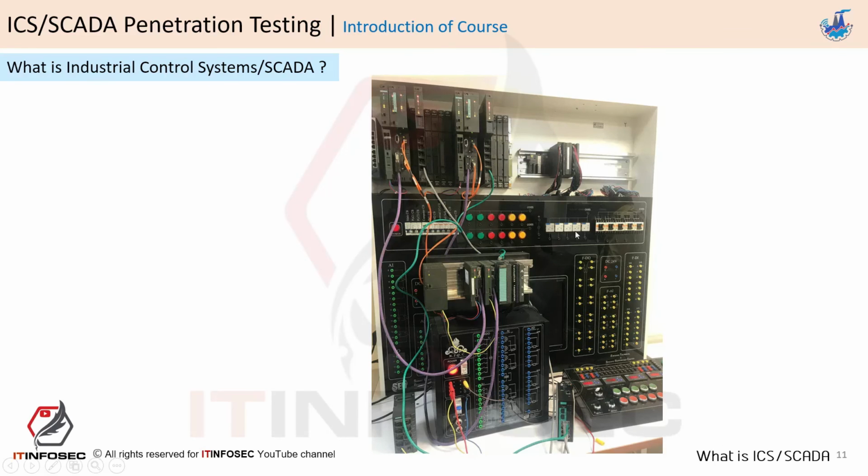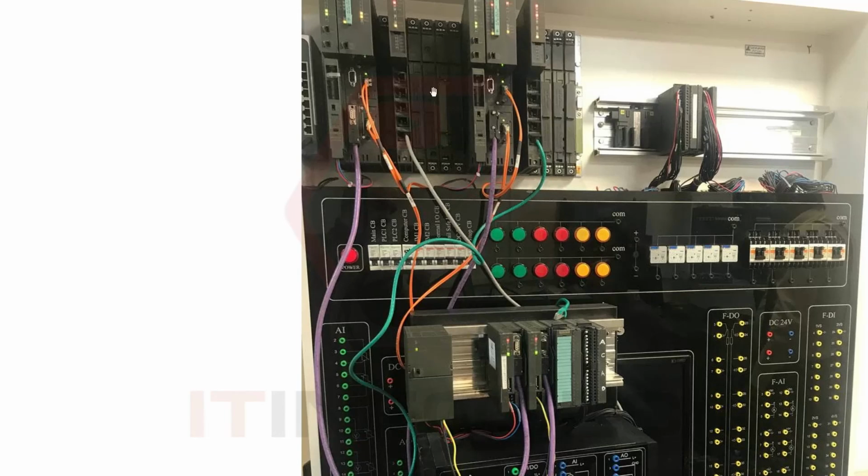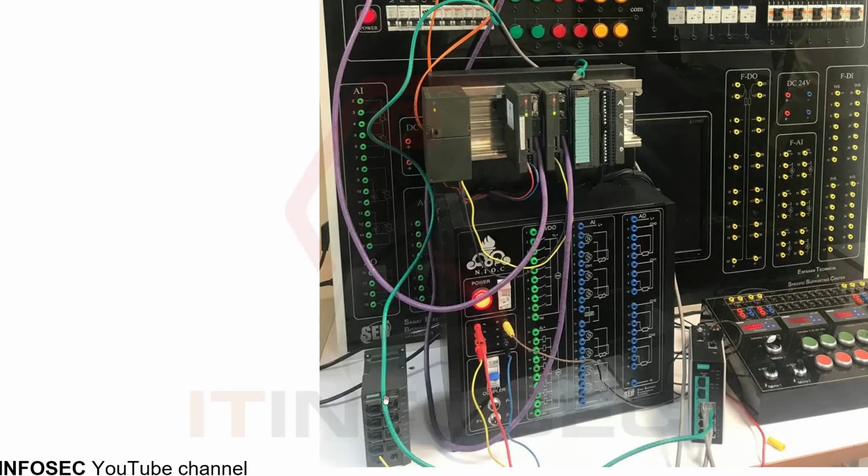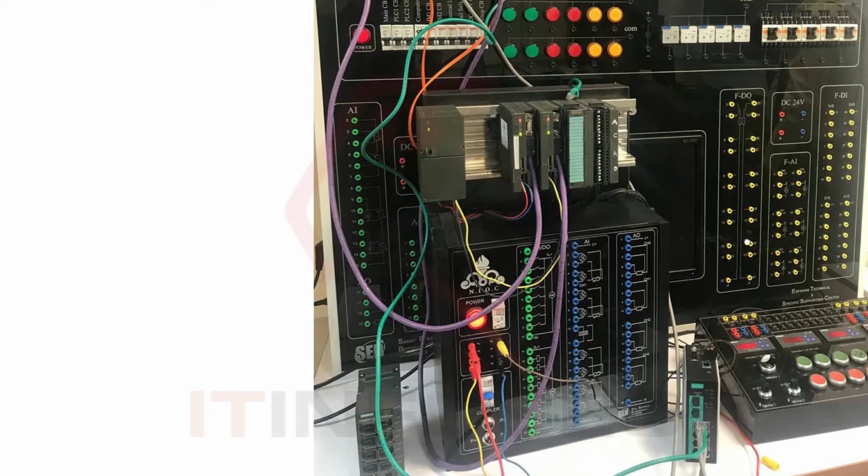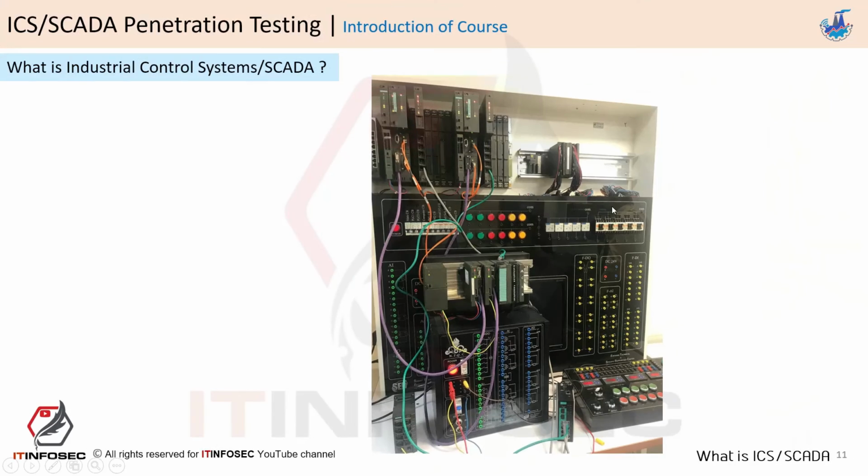If I zoom in, you can see this is the backplane, like a motherboard, and the CPUs are put on that and connected through networking cables, such as this one. If you look closely, you can see these are the LAN interfaces connected, and this is the industrial switch. This is an industrial firewall, and many other items used to control it.